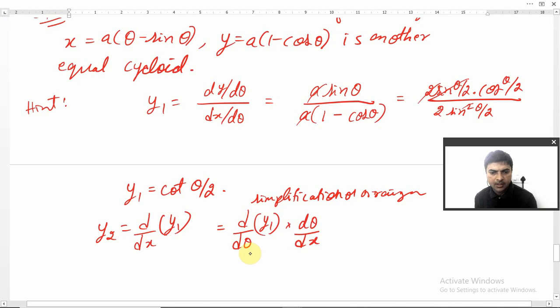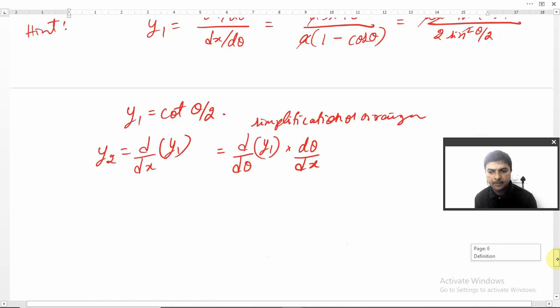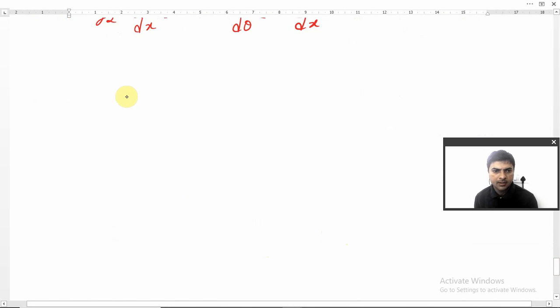So what I have done, I have divided and multiplied this d theta in the numerator and denominator. Okay, so now if you just simplify, you will get this in this form.